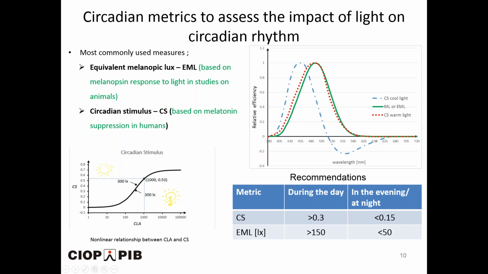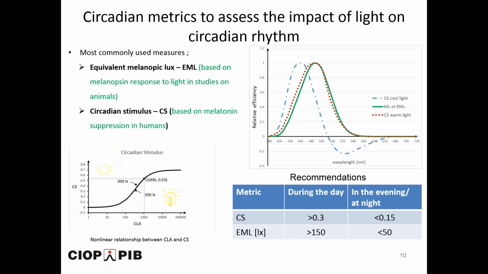The second one is the circadian stimulus, which is based on melatonin suppression, and those studies are based on studies with humans. The CS parameter is commonly used with another parameter, CLA, which is seen on this picture down below on the left. As we can see, this is a non-linear relation between those two parameters.